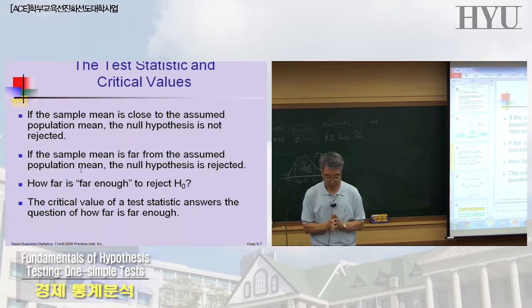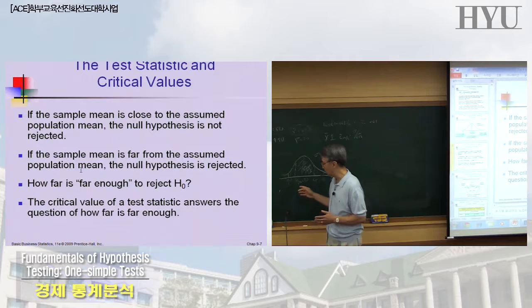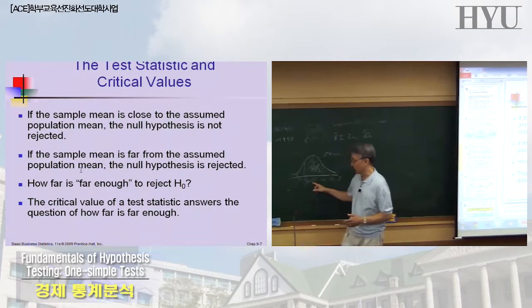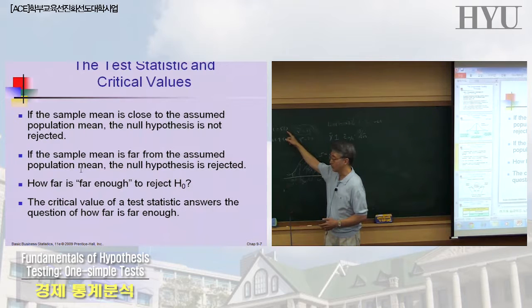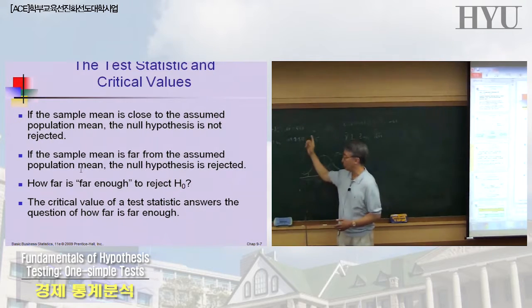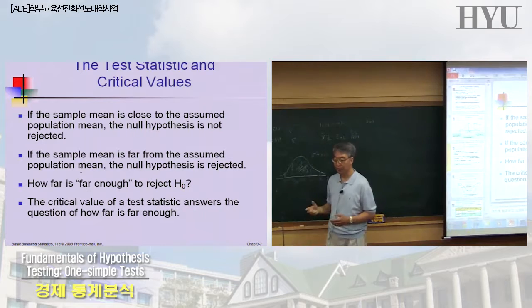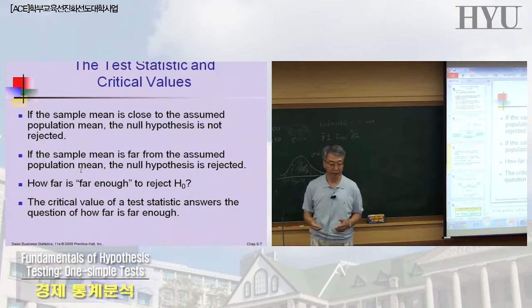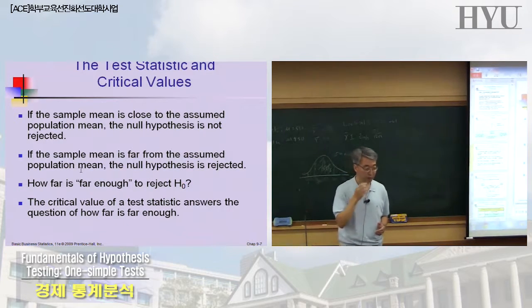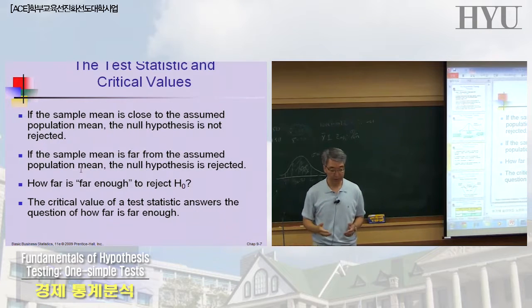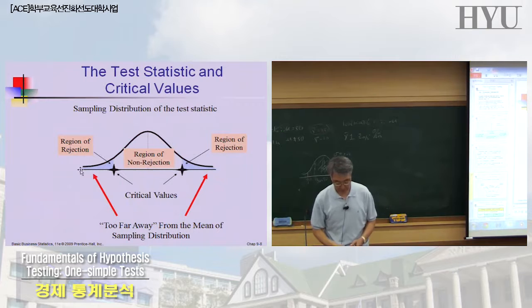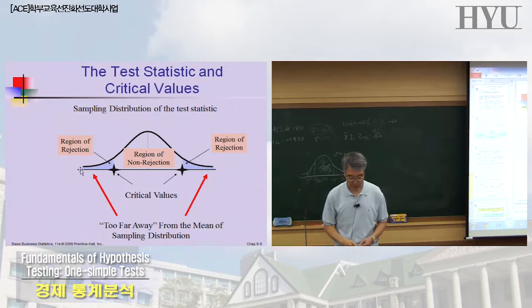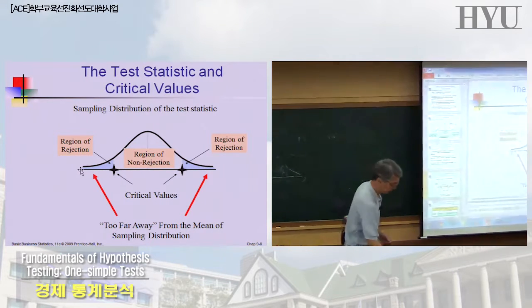So the next question you can ask is, okay, now I get the idea. If the sample mean is far away from the hypothesized mean, or from somebody's claim, then we're going to reject it. The question is, how far is far enough? You say if it's far enough, then you should reject it, but what's the criterion? How far is far enough? In order to understand, we're going to get to the idea of critical values.